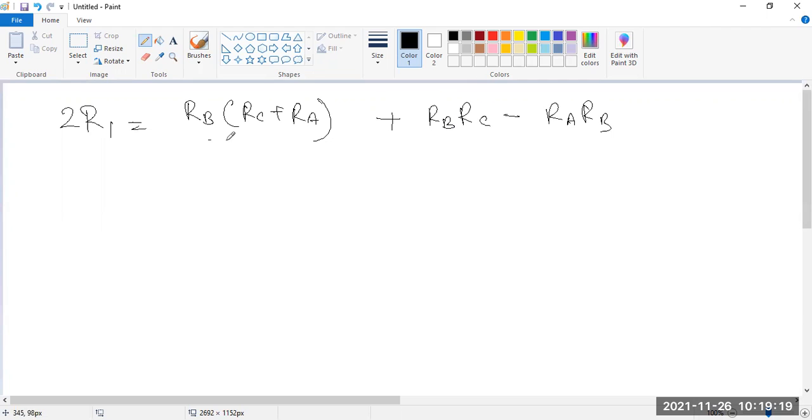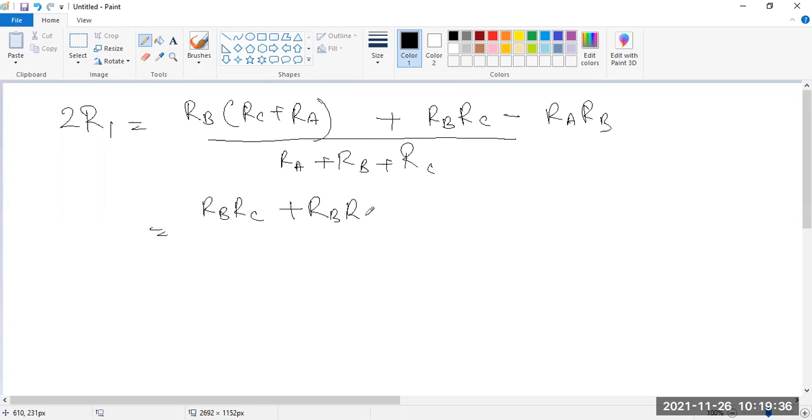You have to break it, and the denominator is the same, RA plus RB plus RC. So RB RC plus RB RA plus RB RC minus RA RB.